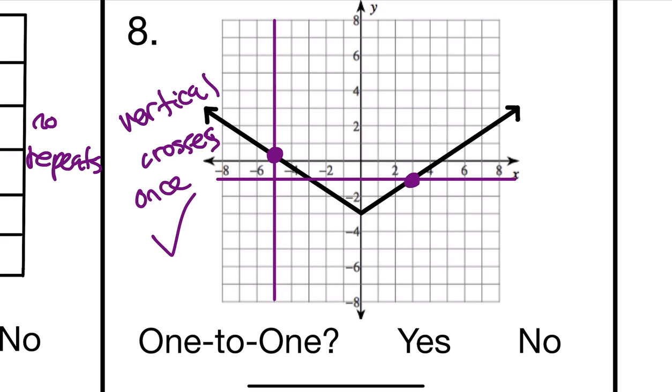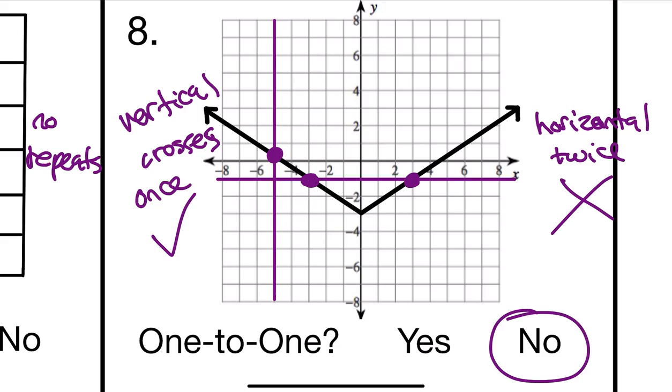It just needs to go through your function. That one goes through twice. Since it goes through more than once, it does not pass that test. So this is a function because it passes the vertical line test, but it's not one-to-one since it doesn't pass the horizontal line test. So this is going to be a no.